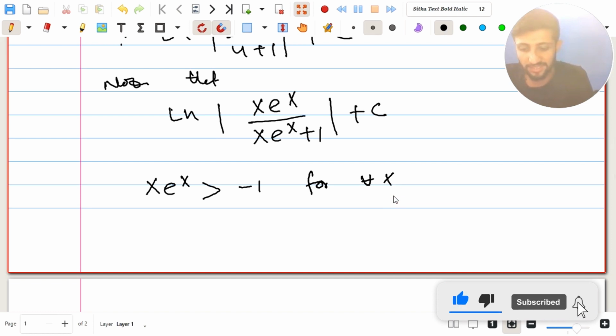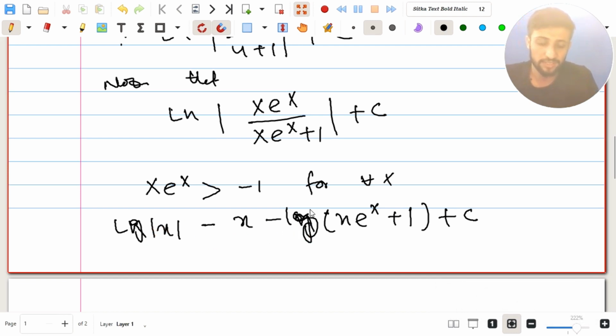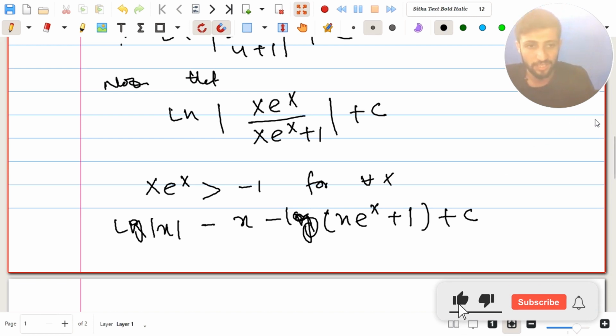So we can write this as log x minus log of (x e to the power x plus 1) plus c. Or you can write this as natural log ln of x minus x. This is simply how it works.